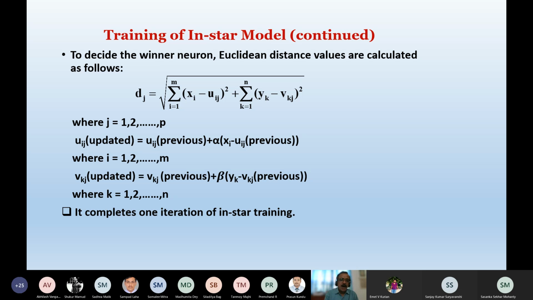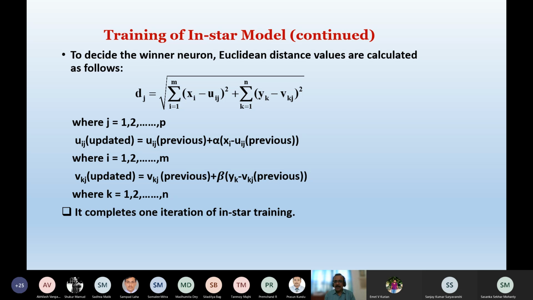Now, how to update vkj, the connecting weight between the Y input values and the hidden neuron? The updated vkj is nothing but vkj previous plus beta into (yk minus vkj previous). What is beta? Beta is the learning rate between the Y input and its corresponding connecting weight. K varies from 1 to small n. What is small n?